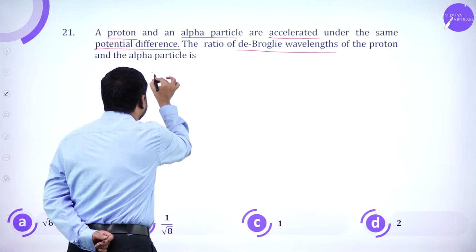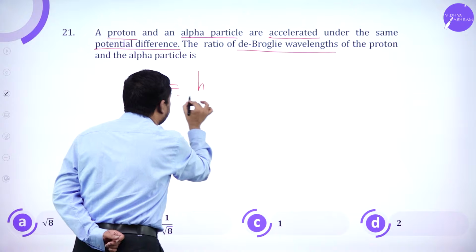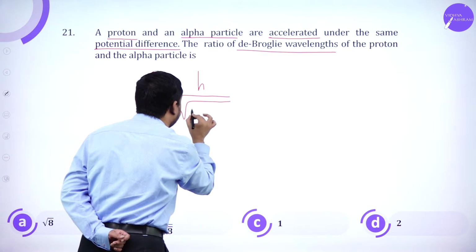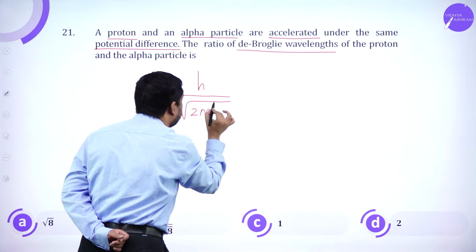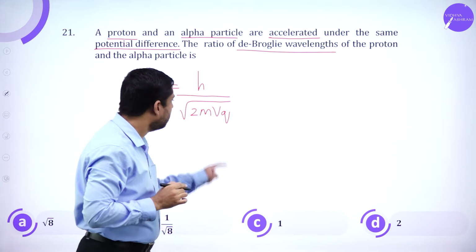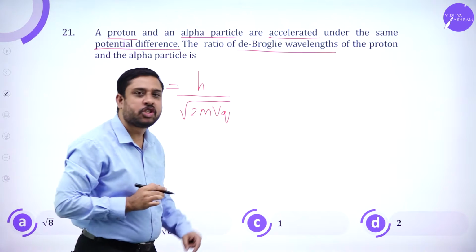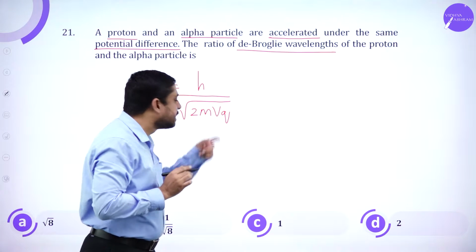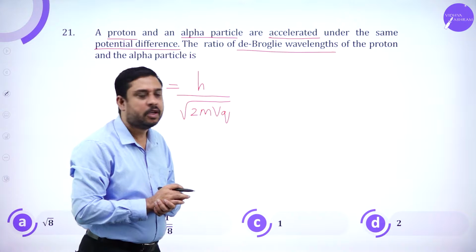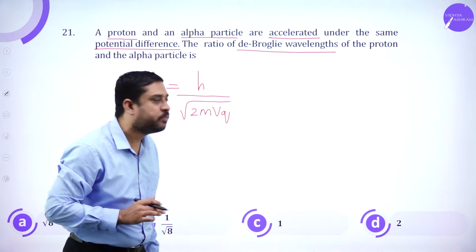So we know the expression for de Broglie wavelength in terms of potential is h by root of 2 m q V: mass of the particle, potential difference, charge of the particle. So very clearly the potential difference is the same.